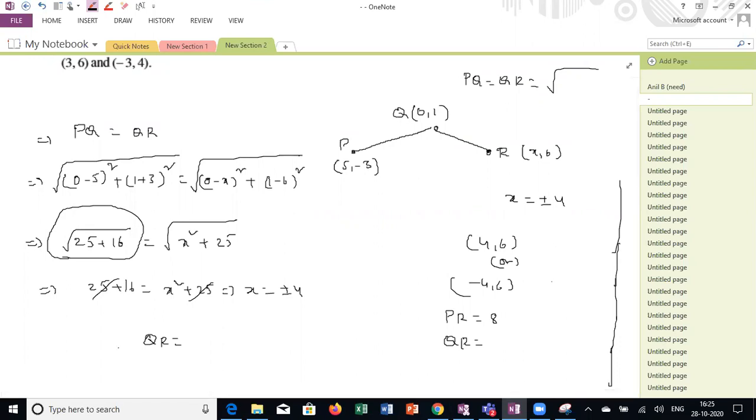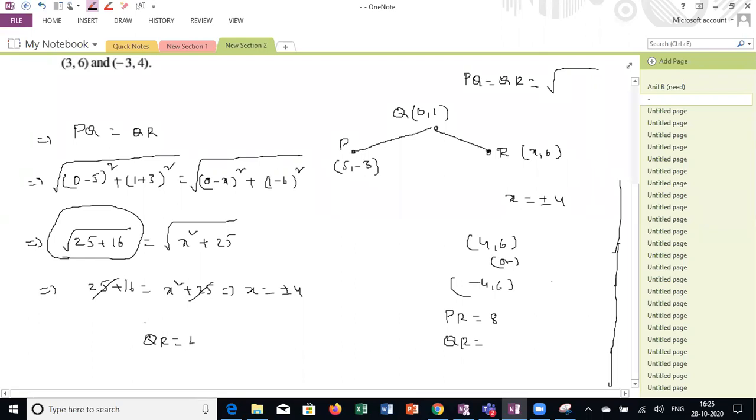How much is the answer? Any others? Got the same answer or a different answer? Sir, QR is root 41. 41, correct?